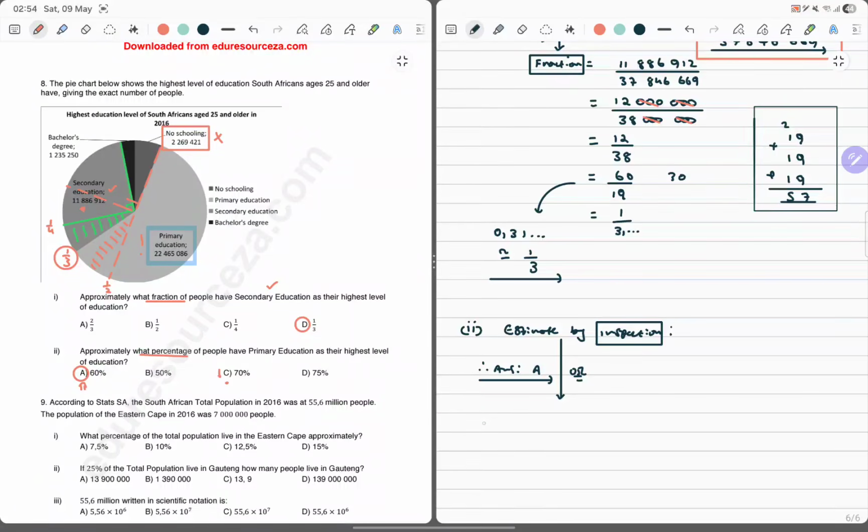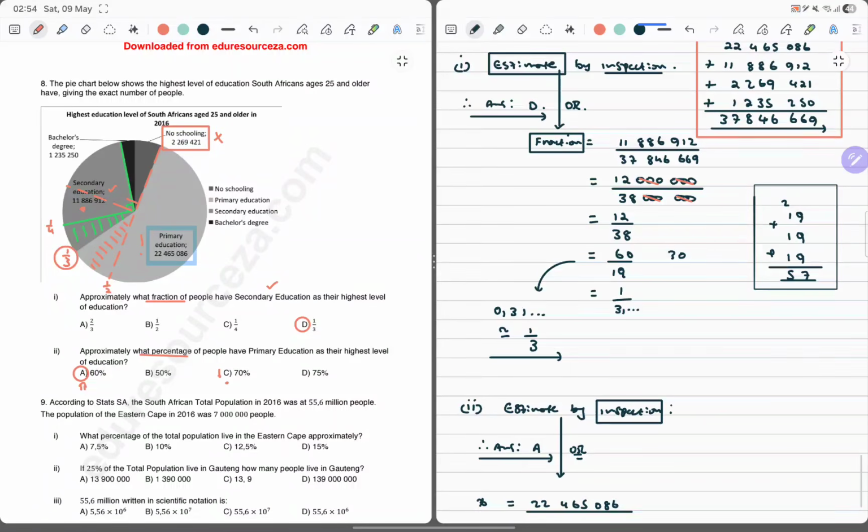So we can say here, percentage is equal to, now this is 22,465,086 people out of the total we were given.